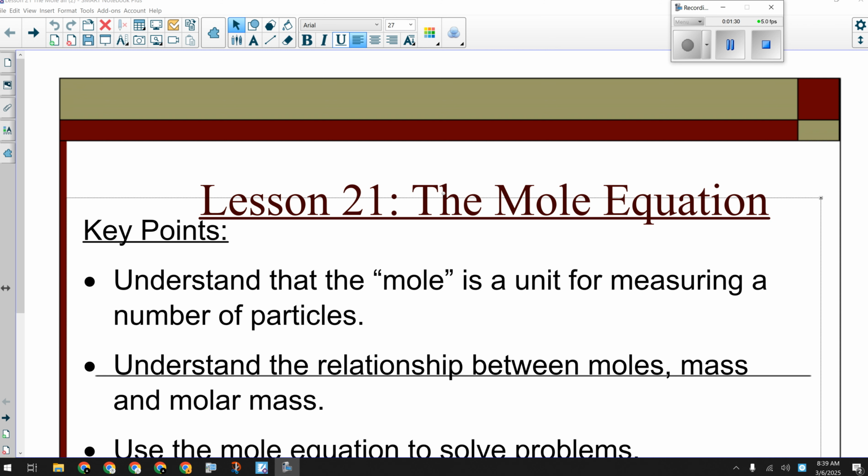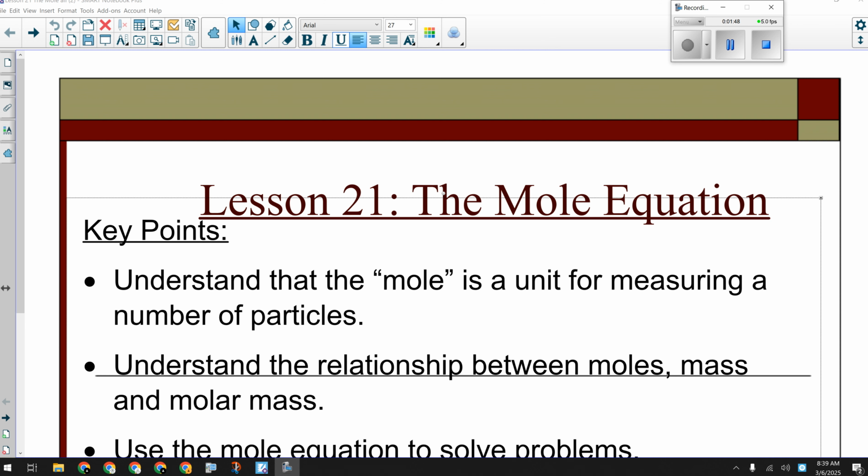So what we do instead is we use the mole. The mole is a representative number, and it works the same way that a dozen does. If I tell you I have a dozen eggs, how many do I have? 12. Dozen always means 12.